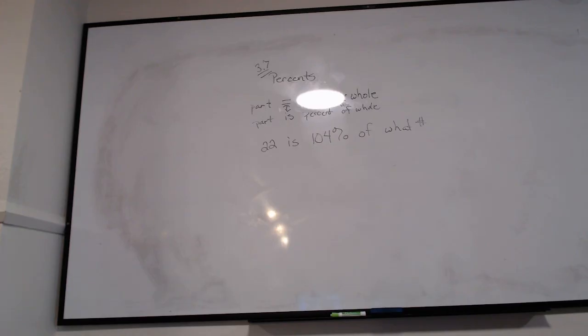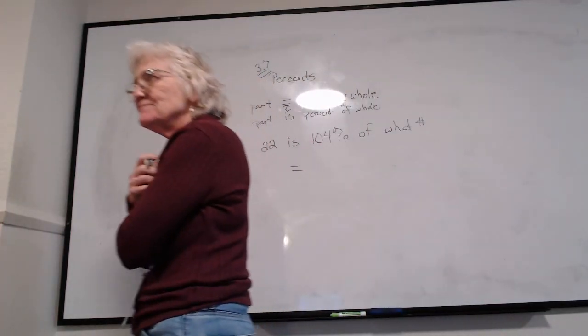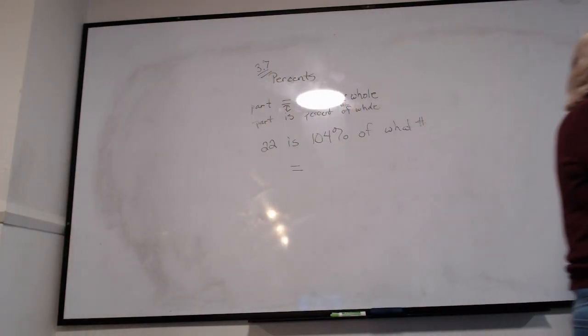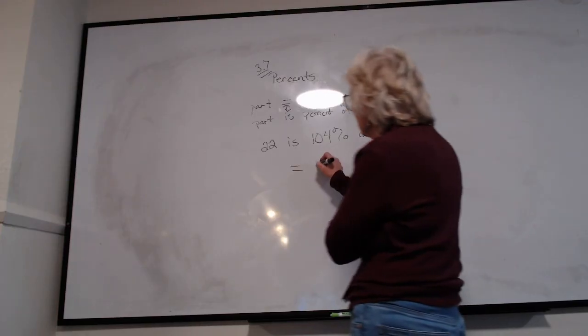So what's my part here? Can I find where the equal sign goes? Right under is, right under the is is going to be the equal sign. What's my percent? 104%. So we're going to write that down.